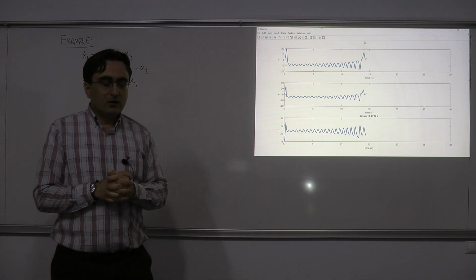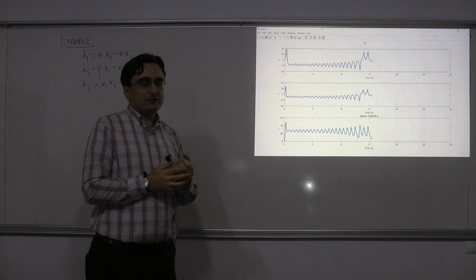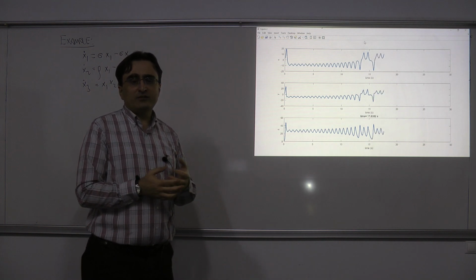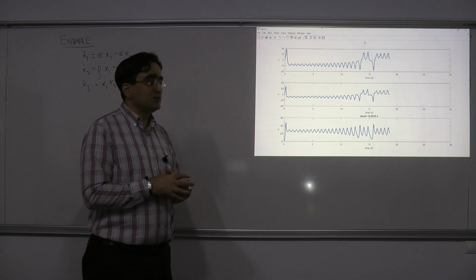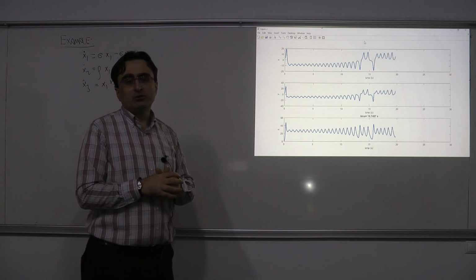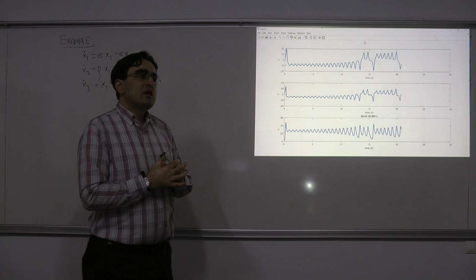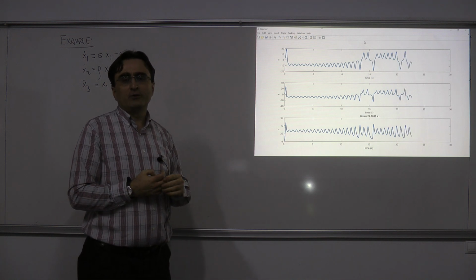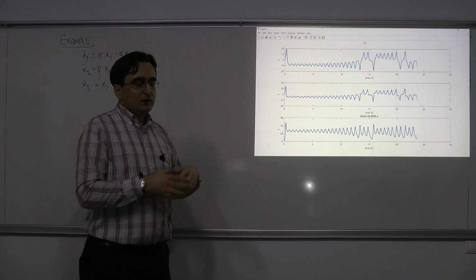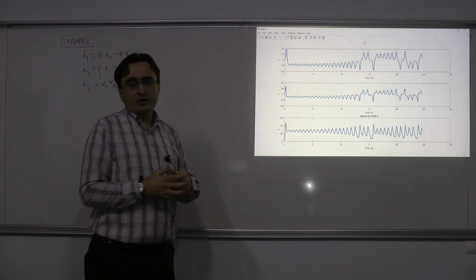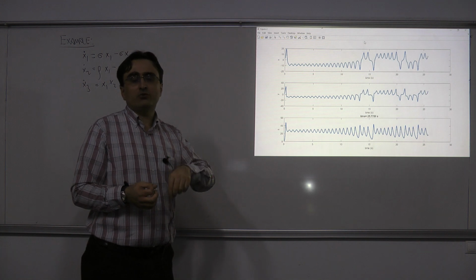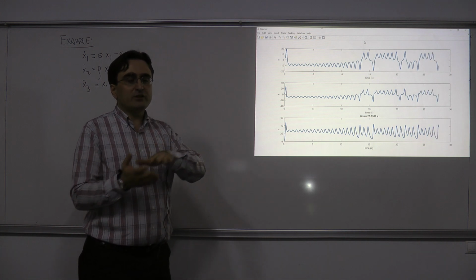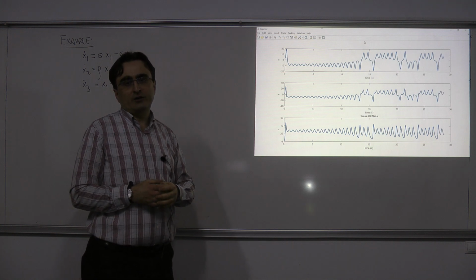chaos theory is. Chaos theory means that there are some systems, and these systems are really incredibly sensitive to their initial conditions. So if I have a linear system, if I perturb the initial condition of a linear system, then if I draw the trajectory of the system for the actual initial condition and the perturbed initial condition, I would actually see that they would be very close to each other.